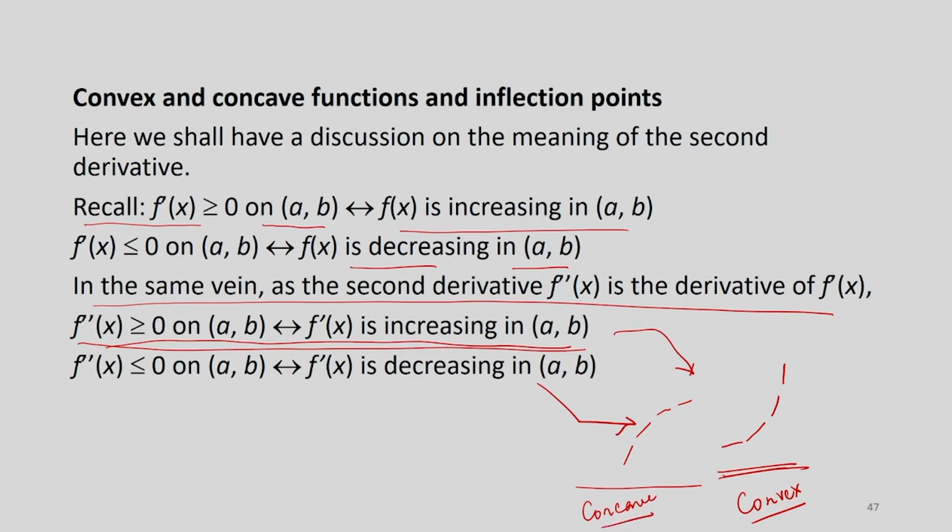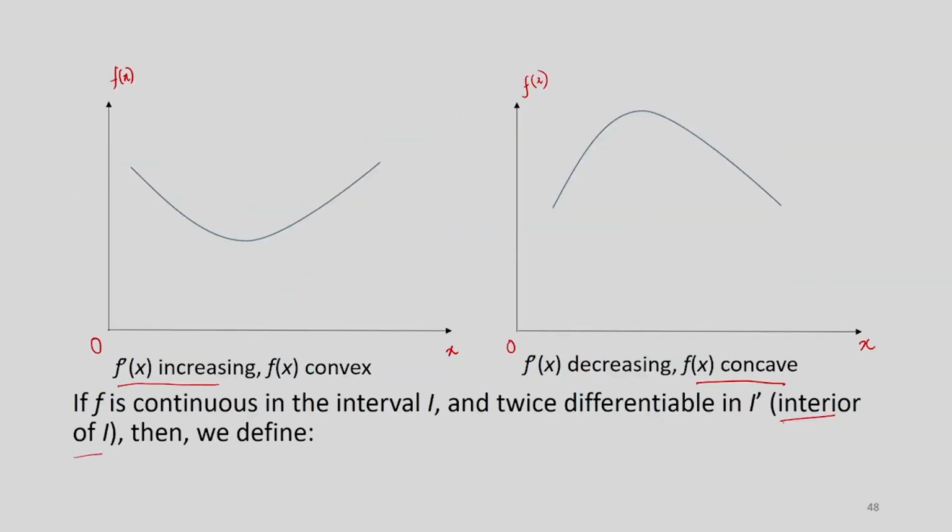So, concave functions are where f dash of x is decreasing, and that we have seen is equivalent to saying that the second derivative is negative. So, here you have second derivative negative, here the second derivative is positive or weakly positive, weakly negative. Okay. That is why I say that these three things are going together and these three things are going together.